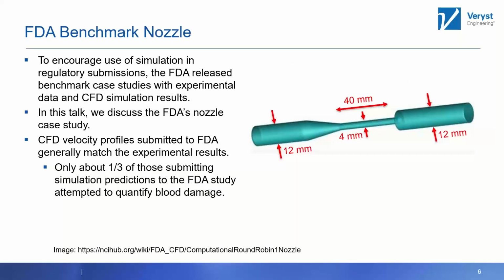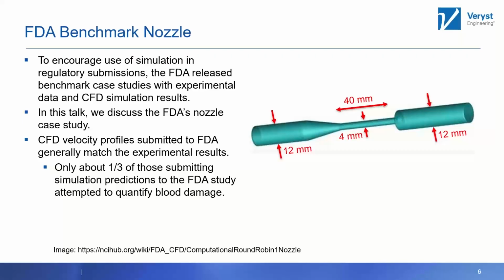To encourage the use of simulation for regulatory submission, FDA released benchmark case studies, one for CFD of blood analysis and prediction of hemolysis. There were two case studies: one was a nozzle, the other one was a blood pump. The focus of this study is on the nozzle.